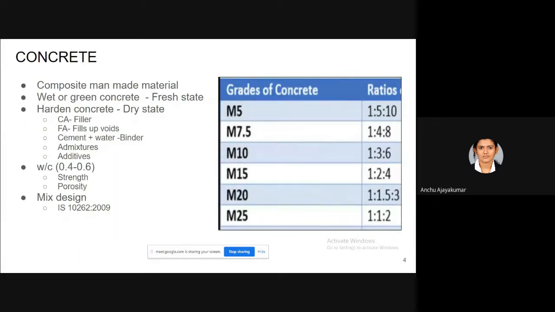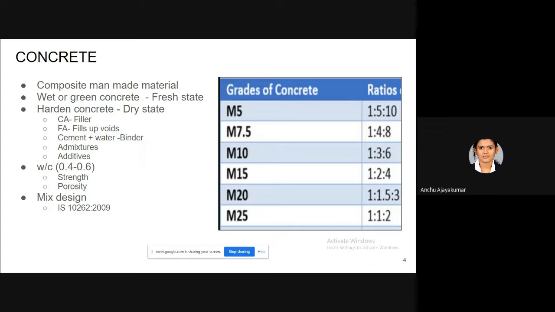Next one, one important factor is concrete. For a civil engineer, it is a basic material, and it is a man-made material as well as a composite material. You know the components of concrete: cement as binder, coarse aggregate as filler, fine aggregate as filler, and admixtures, additives, and so on. So it is not a single material, it is a composite, man-made material.